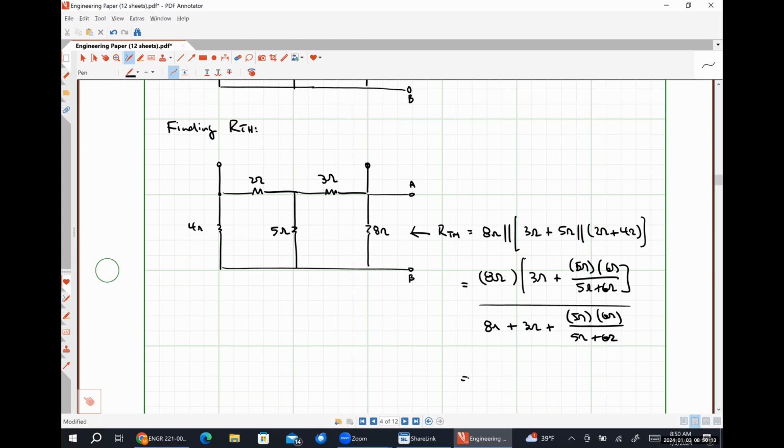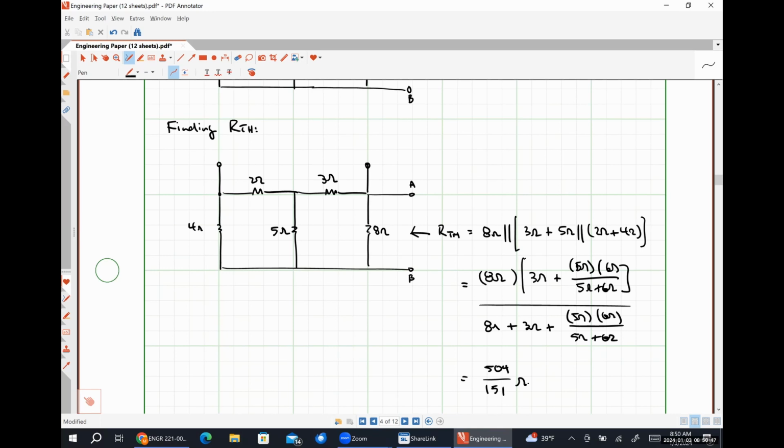Times 3 plus, let's see, 30 over 11. Plus 3 plus 30 over 11. I got 504 over 151 if I did this correctly. I believe I did.